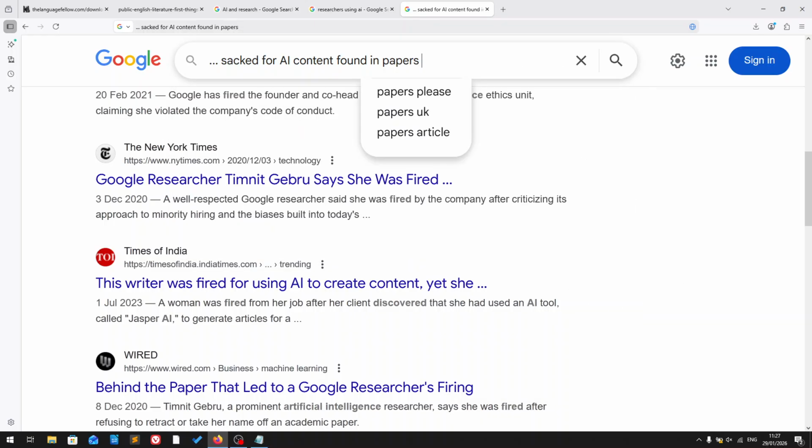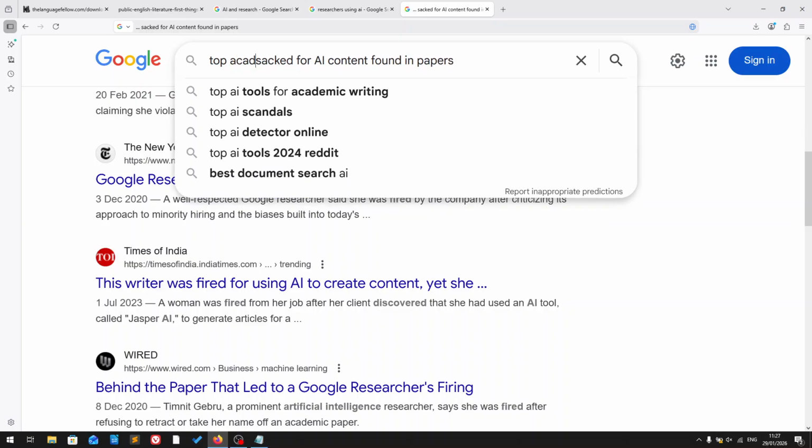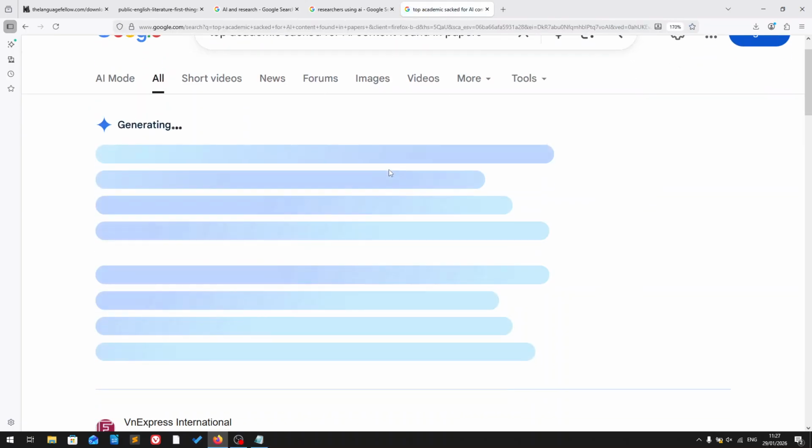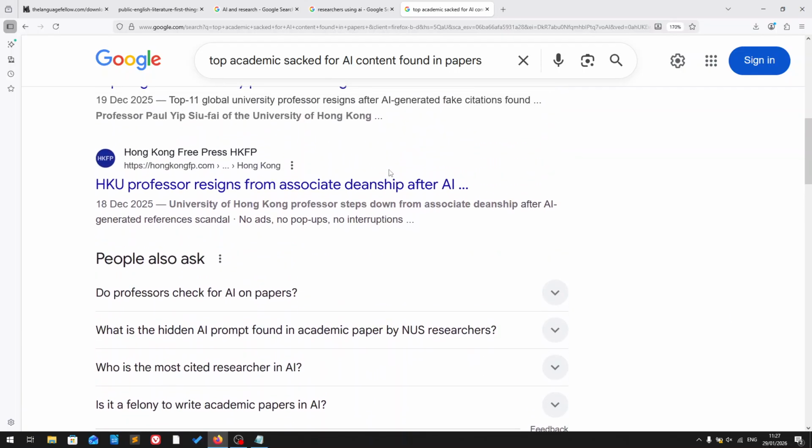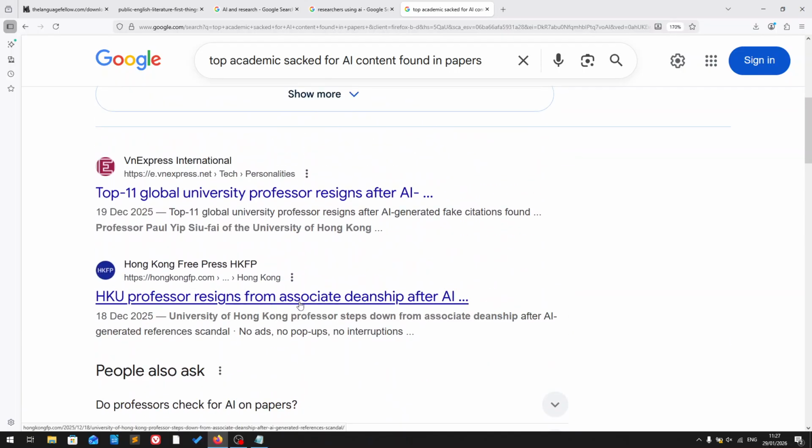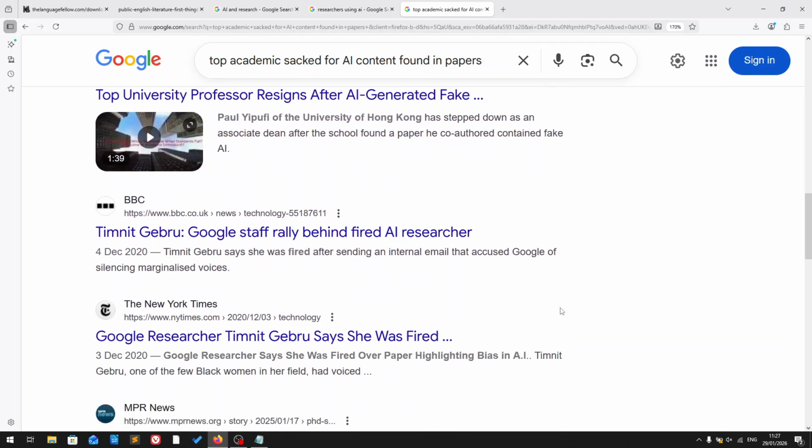You can adjust the date and top academic, I don't want to name and don't want to make it more specific. Yes, you can see that AI generated references scandal. So that's the kind of thing that's going on.